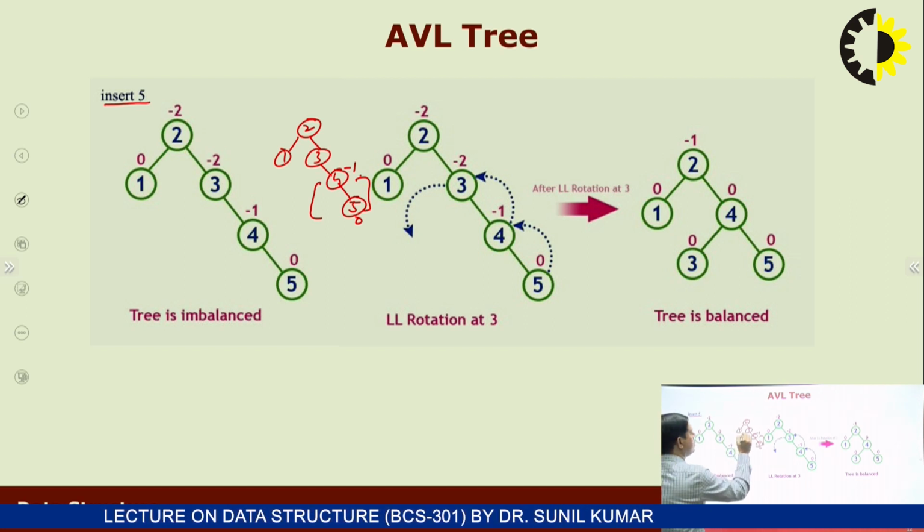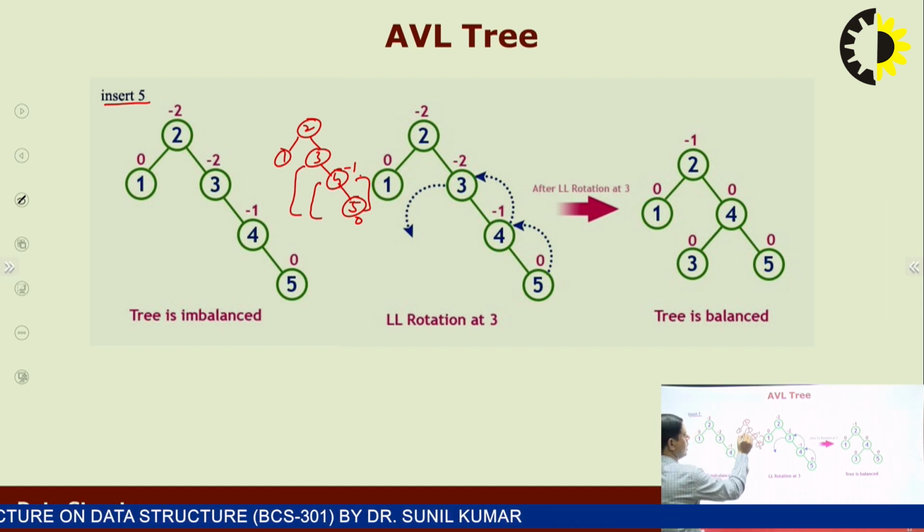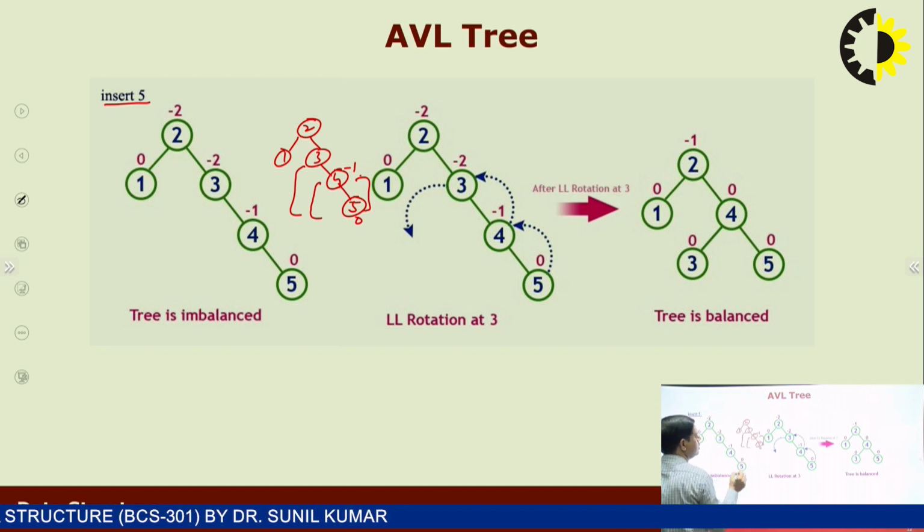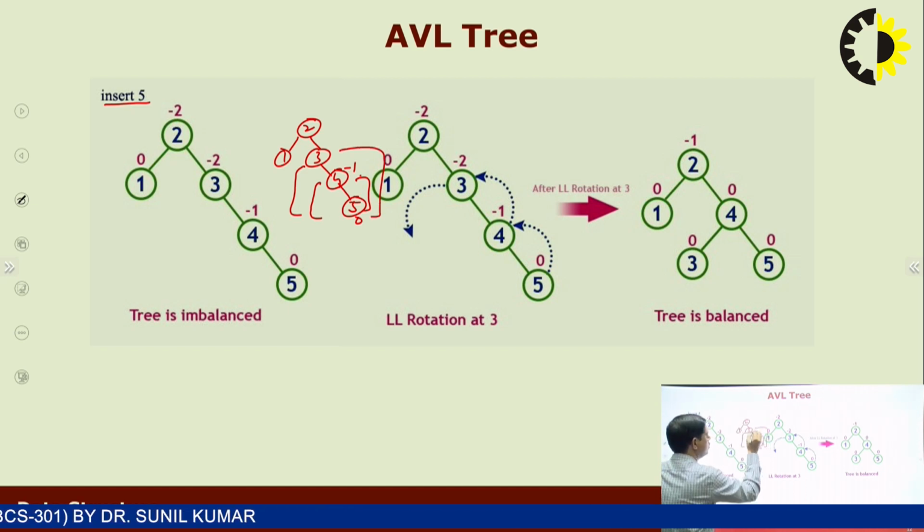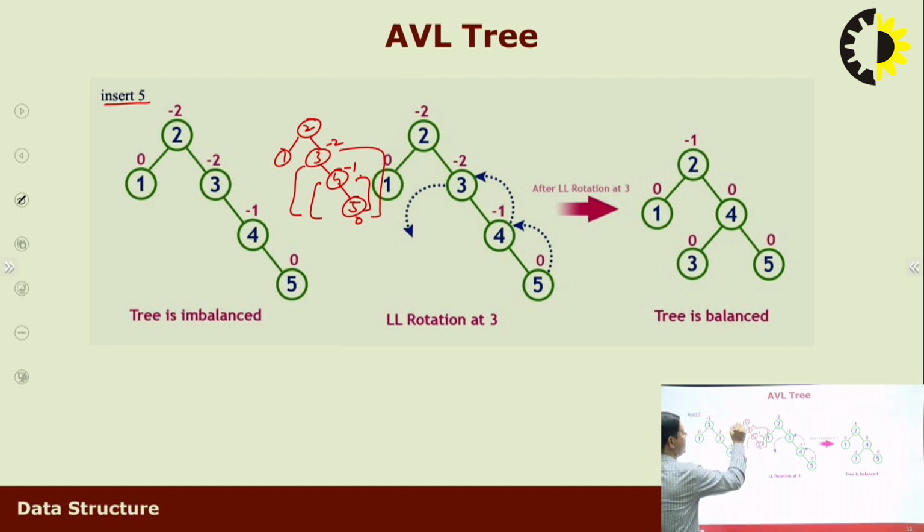We will check for node 3. The height of the left subtree at node 3 is 0 and the right is 2. 0 minus 2 is minus 2. We can check node number 2 also. The height of the left subtree at node 2 is 1 and the right is 3, that is 1, 2, 3.